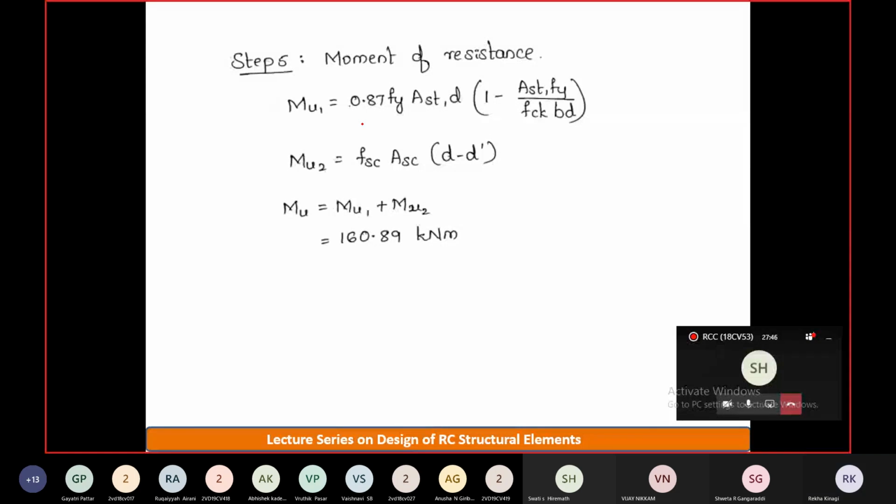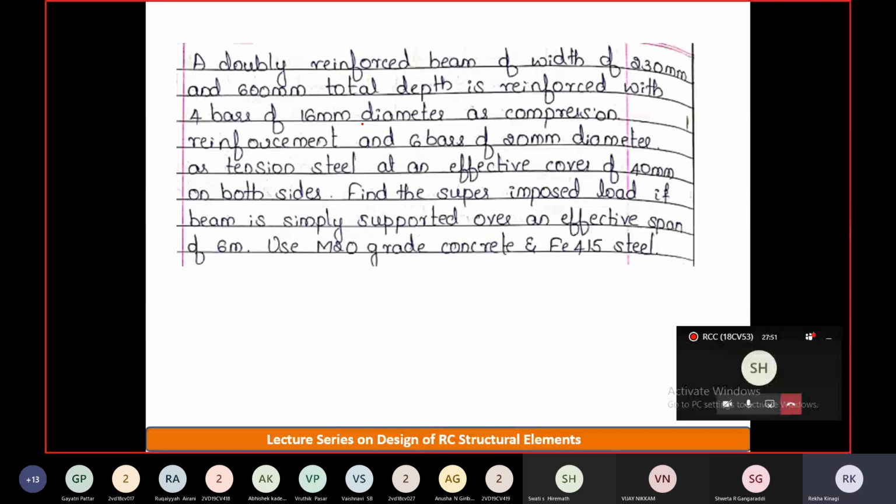Now let's proceed with the next numerical example, that is a doubly reinforced beam of width 230 mm and 600 mm total depth, reinforced with 4 bars of 16 mm diameter as compression reinforcement and 6 bars of 20 mm diameter as tension steel, at an effective cover of 40 mm on both sides.